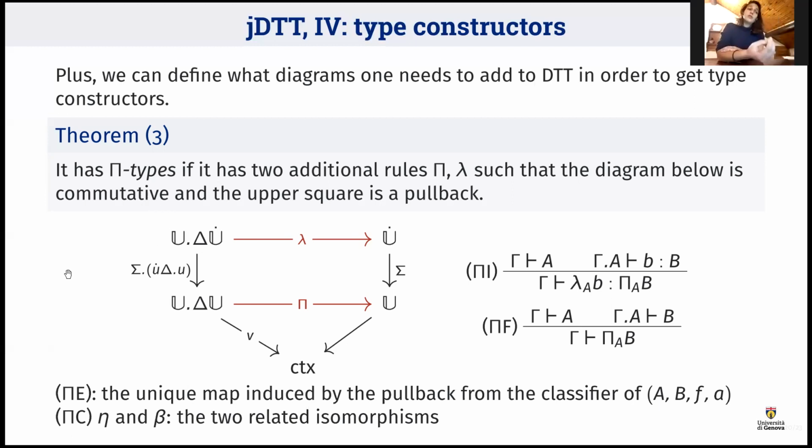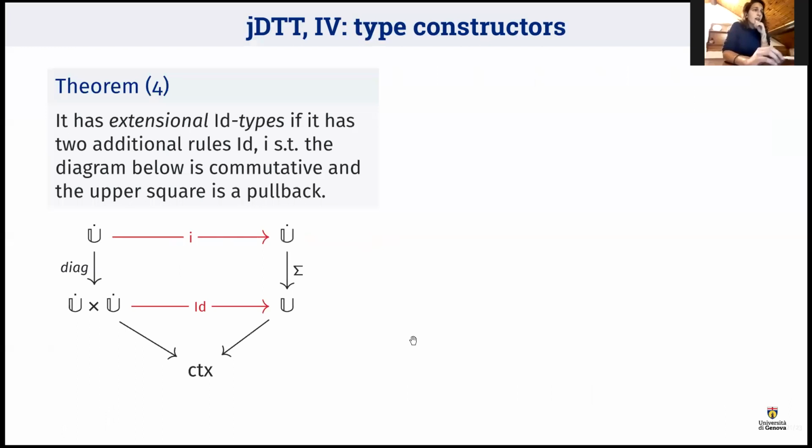It's also very interesting because it tells you that if, for example, you don't agree with the choice of beta computation, this is the point where you just ask less of the theory. For example, you just ask that it's a weak pullback, or that there is only a section or a retraction, and this is actually the point where you would do it.